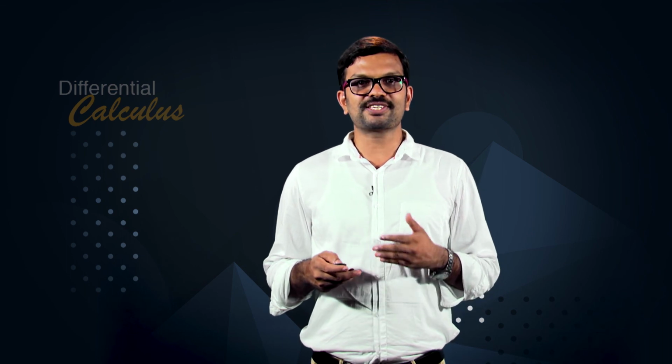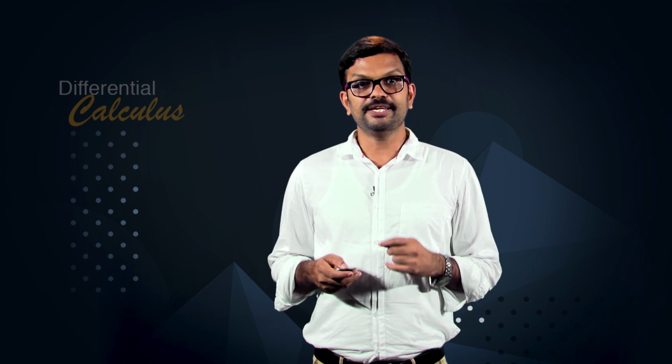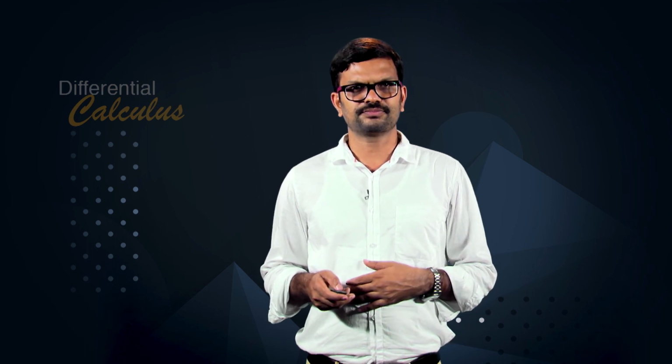Hence, the curve is concave up to the left of x equal to 0 and concave down to the right of x equal to 0. Hence, 0 comma 0 is an inflection point and y axis is an inflectional tangent.